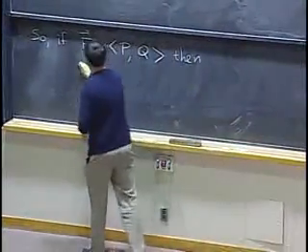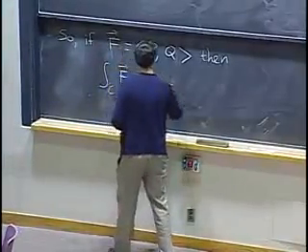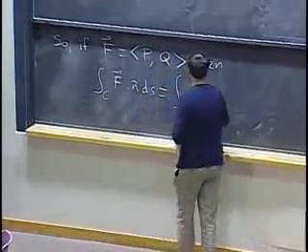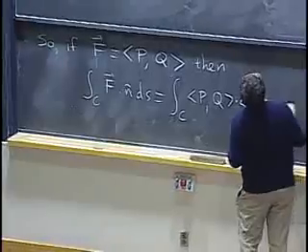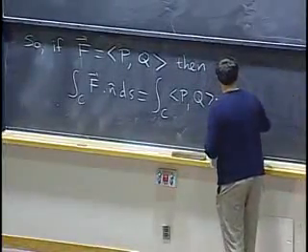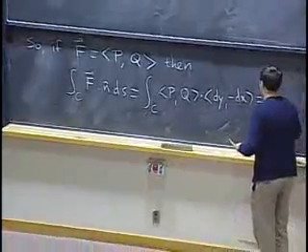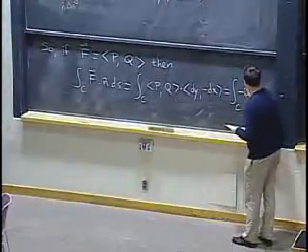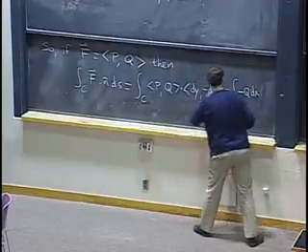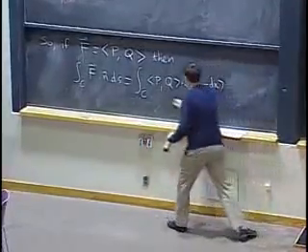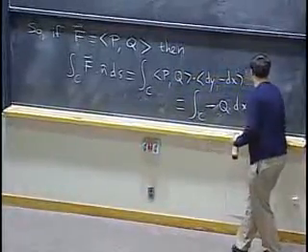Then the line integral of F dot N ds will be the line integral of the dot product of (P, Q) with (dy, negative dx). So that will be the integral along C of negative Q dx plus P dy.